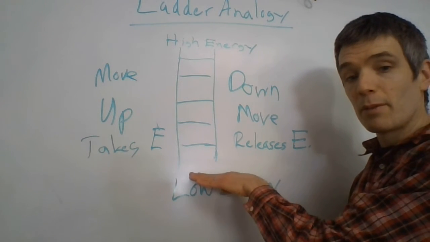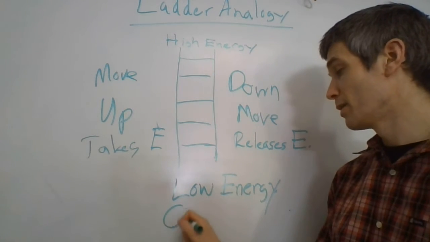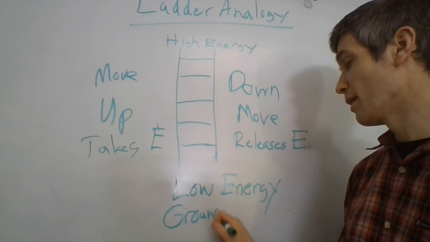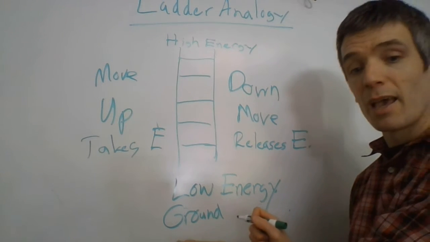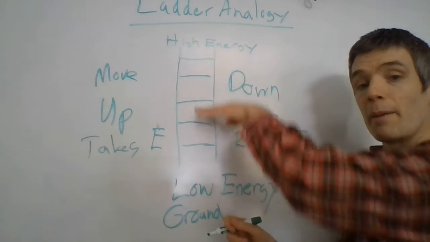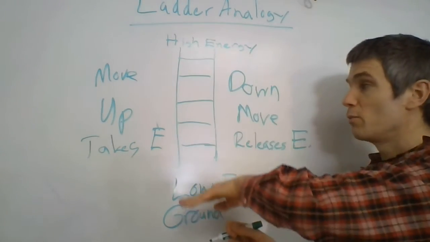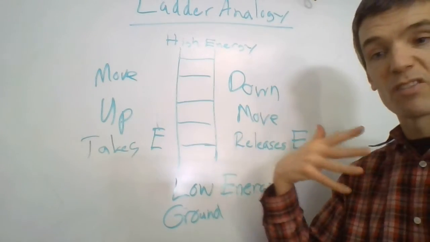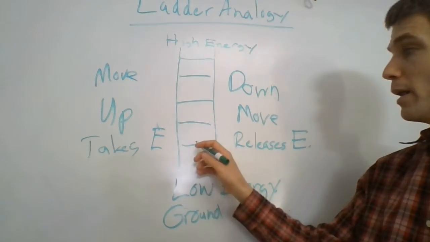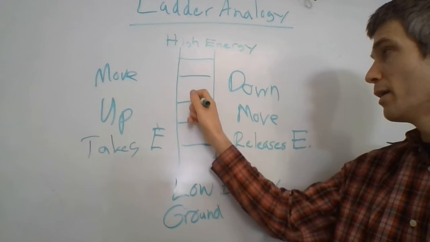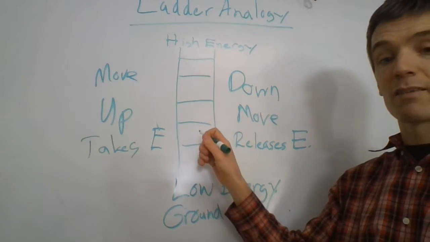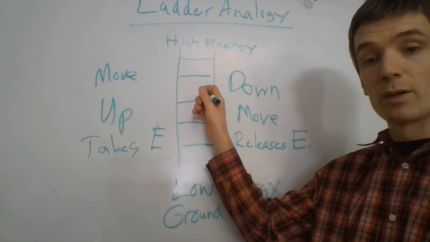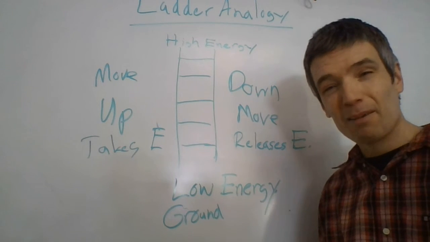Therefore, the ground on the bottom is the nucleus, and up here is where you'd find the electrons. So moving away from the nucleus takes energy, a lot of it, just like moving up a ladder. And if you think of electrons moving rung to rung, it's going to take energy to go from one to the other, to hop really.